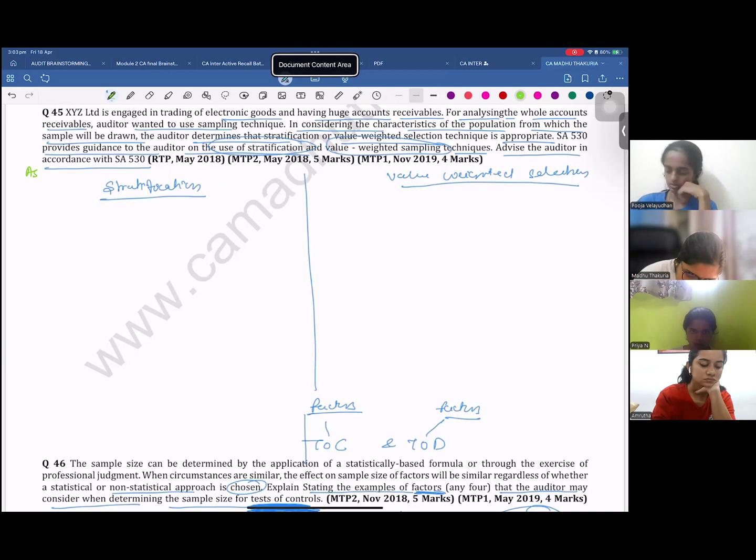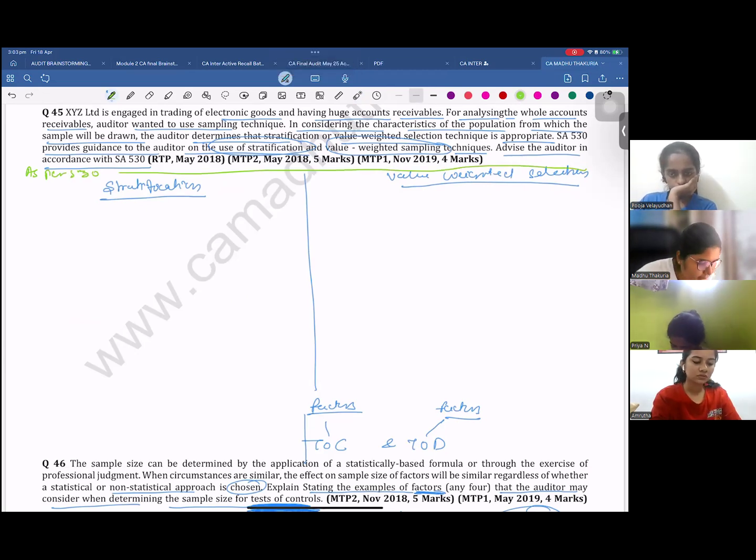First, you will write the beginning of the answer as per SA 530, and then you can give a little bit of context, the objective of the auditor and all of that. But what is stratification?